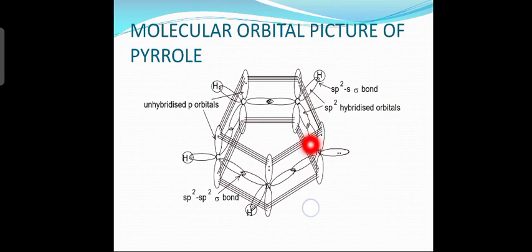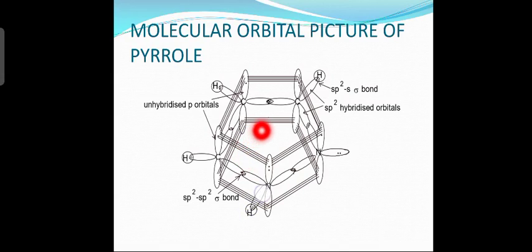The p orbitals of carbon atoms contain 1 electron each, and the p orbital of nitrogen contains a lone pair of electrons. You can see here the lone pair of electrons. The sideways overlap of these p orbitals produces a molecular orbital of 6 electrons. This is the sideways overlapping. So altogether there are 6 pi electrons.